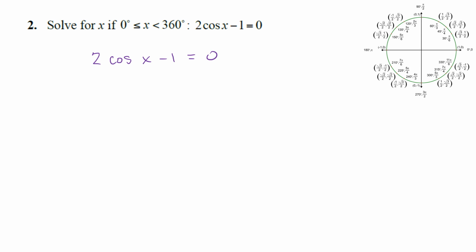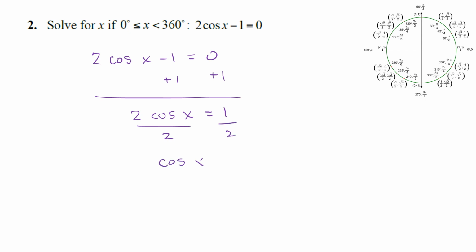So let's add 1 to both sides first. And that'll get us 2 cosine x equals 1. And then we can divide both sides by 2. That will leave us with cosine x equals 1/2.